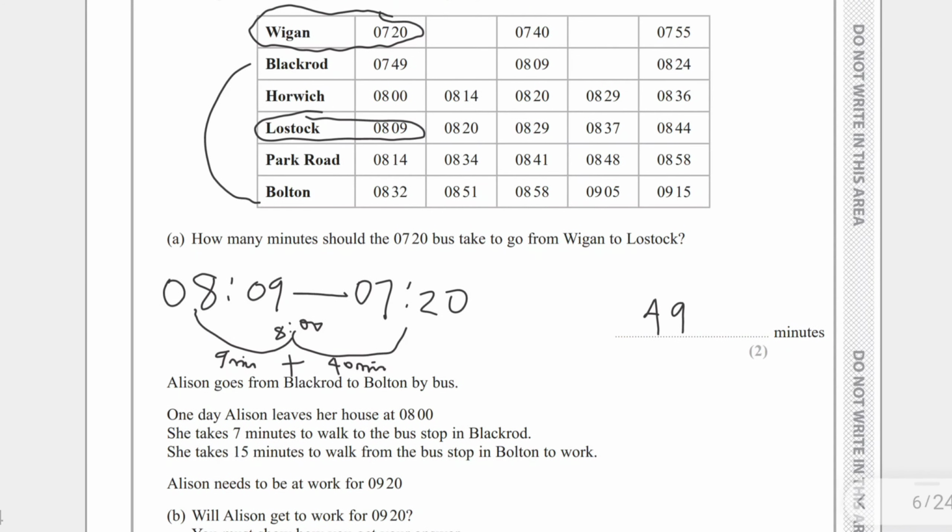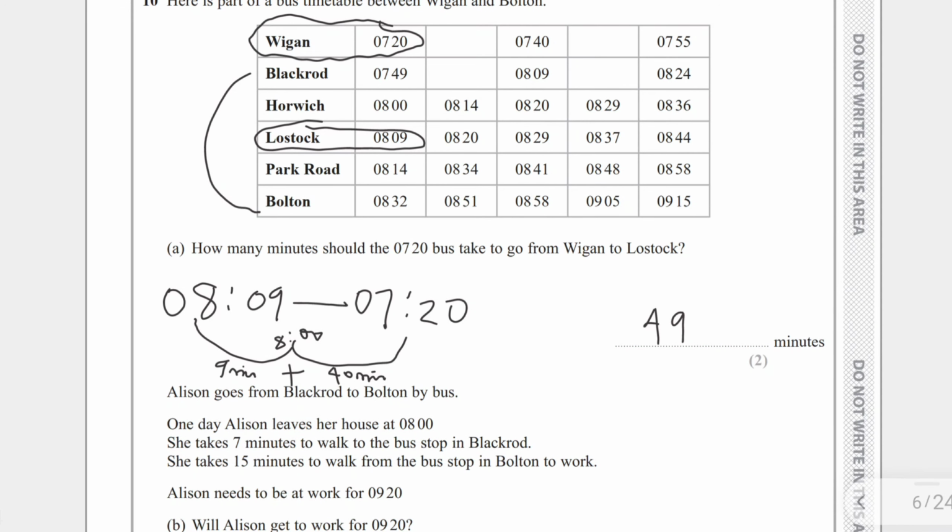Okay, let's do the math. Alison one day leaves her house at 8 o'clock. She takes 7 minutes to walk to the bus stop in Black Road. So she'll get to Black Road at 8:07.